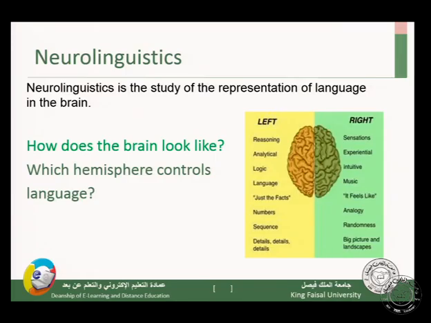But in this part, it is enough for us to know that the vast majority of people have their language in the left hemisphere, in the left half of the brain.